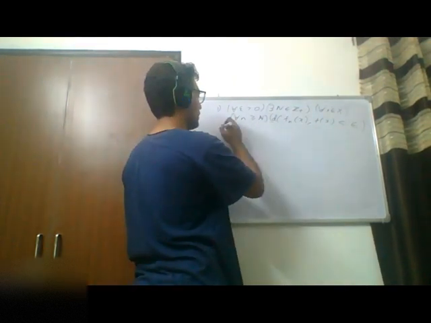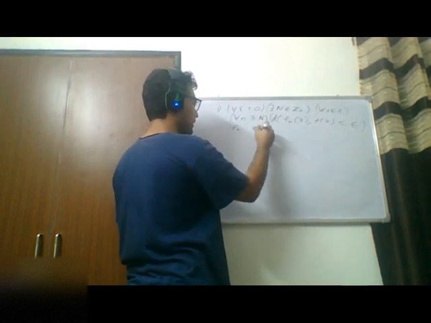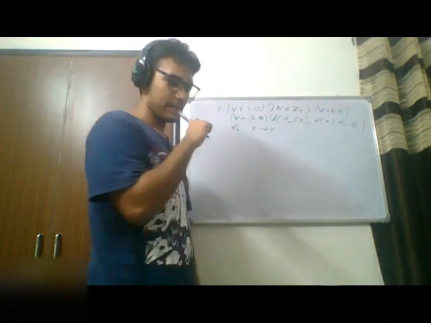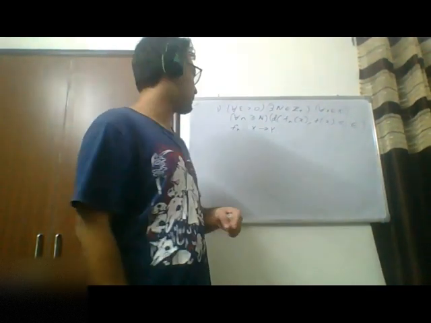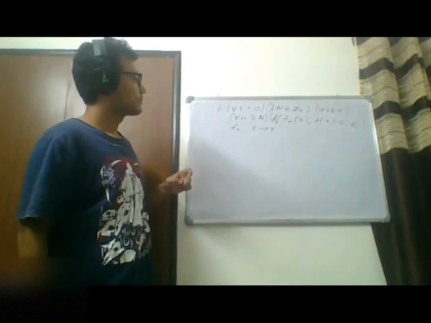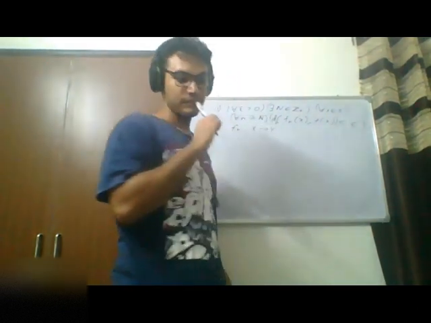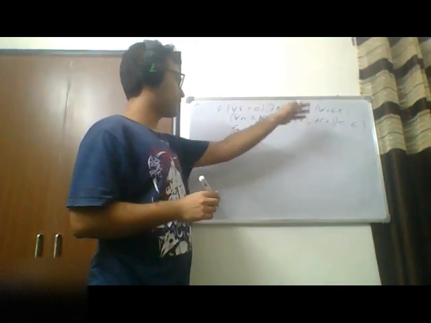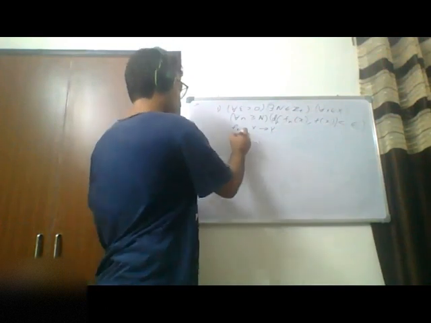So each f_n is continuous from the topological space X to the metric space Y. Keep in mind this is Y here, because we're measuring along the function and not along X. And f_n satisfies this property. We have to show that f is continuous.